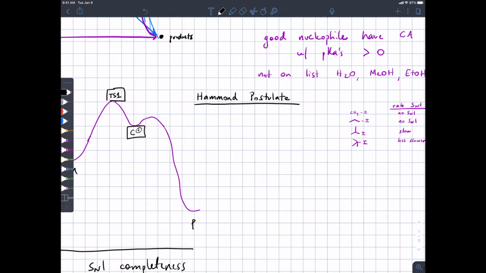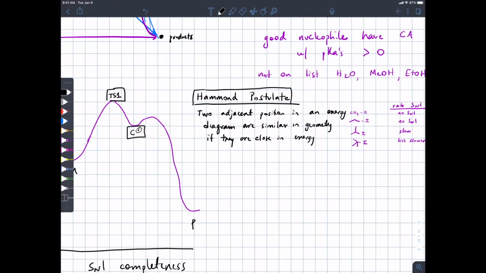The principle is simple. Two adjacent positions in an energy diagram are similar in geometry if they are close in energy.